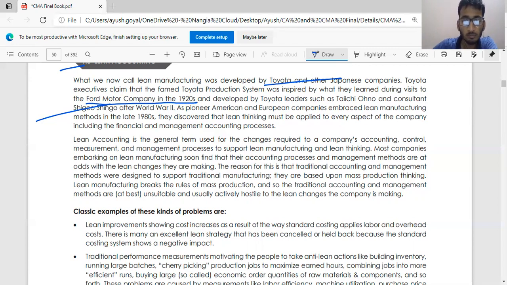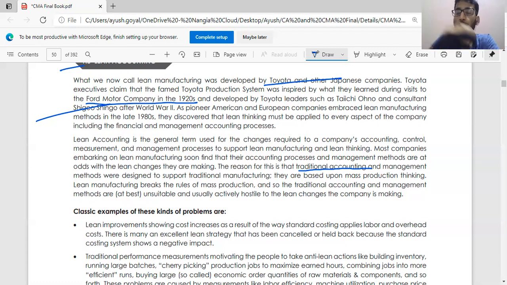Okay, so why do we require lean accounting, why is there a need for it? Because in traditional accounting, we were completely focusing on cost, and the focus on cost was not in an approachable manner, not in the way it should have been. People always used to combine the fixed cost in the cost of the product.